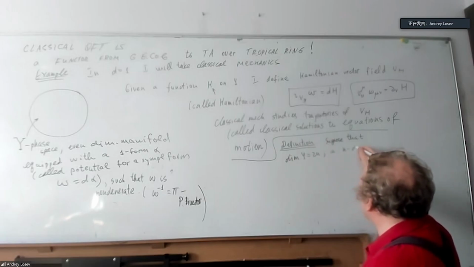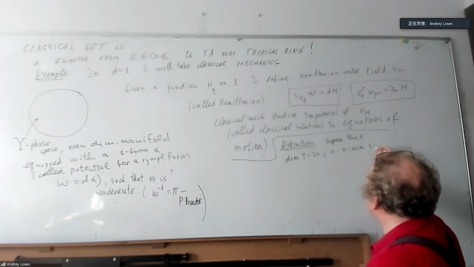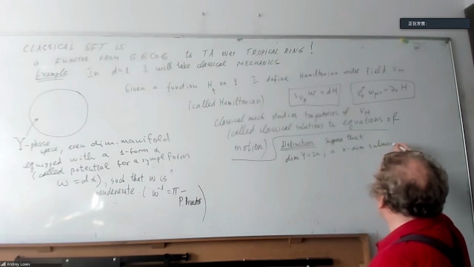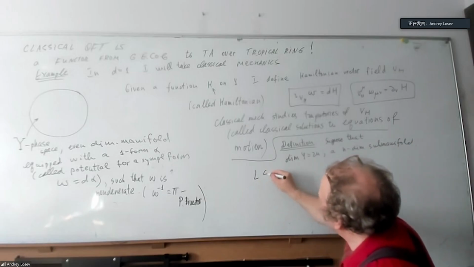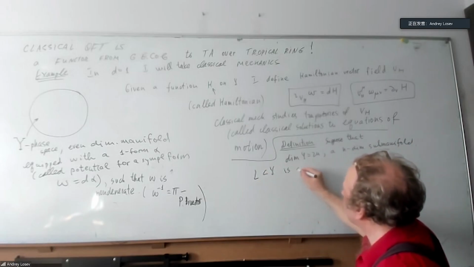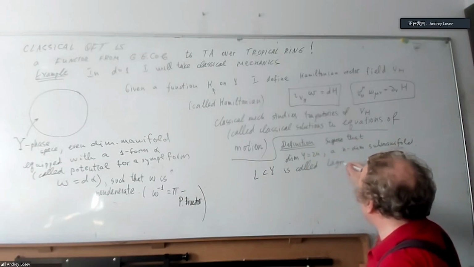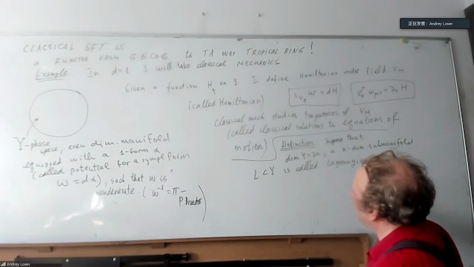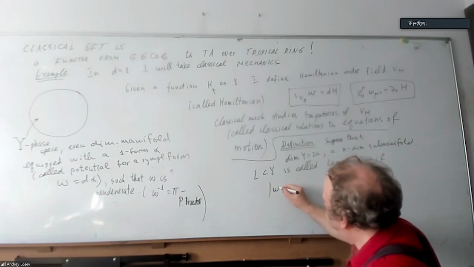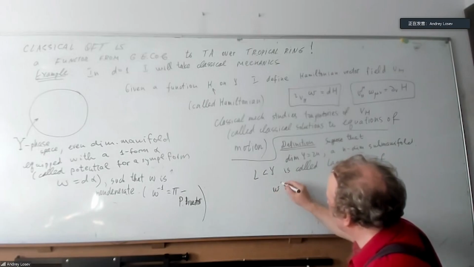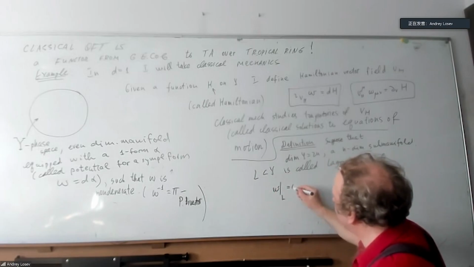An n-dimensional submanifold L inside Y is called Lagrangian if omega restricted to L equals 0.